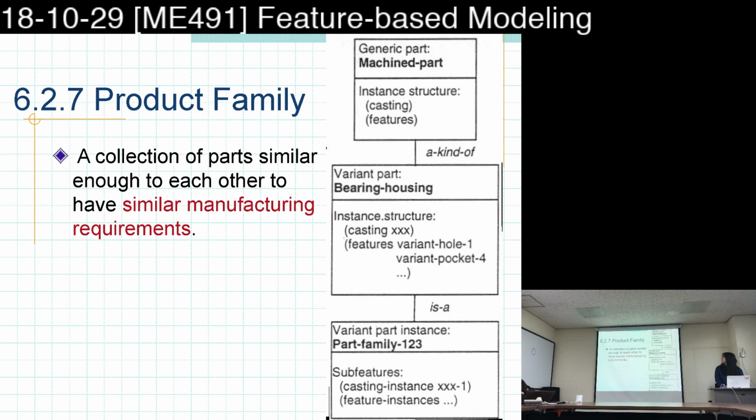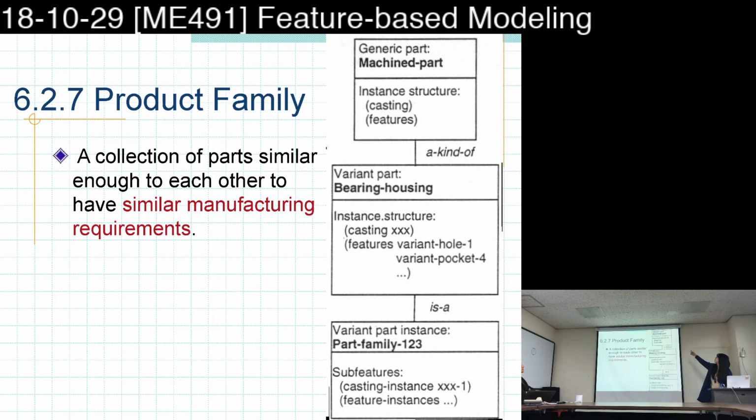And second one is product family. Product family is a collection of parts similar enough to each other to have similar manufacturing requirements. So for example, there are generic parts and variant parts. First level is about a general concept of a part.